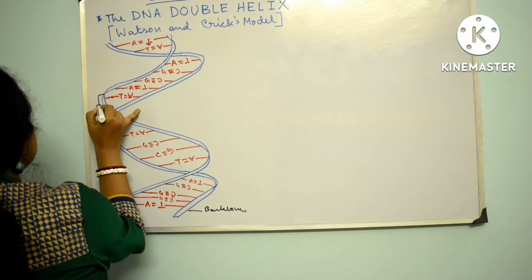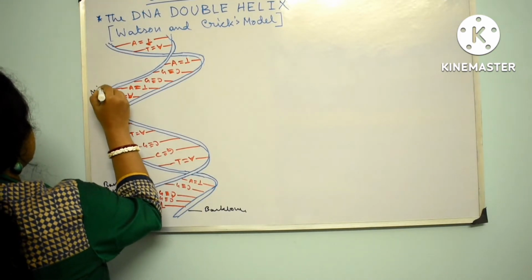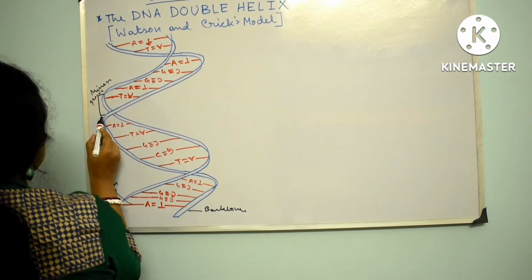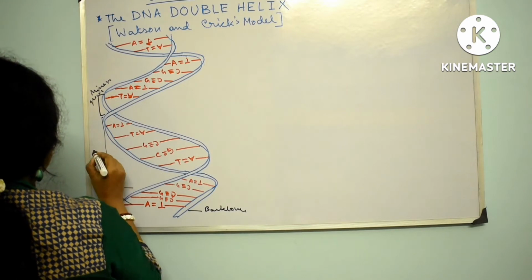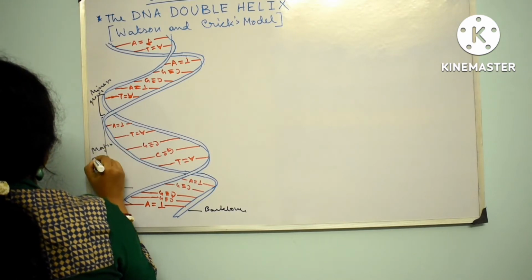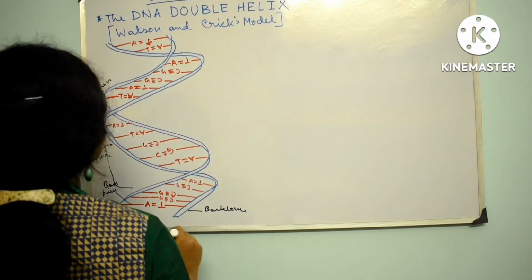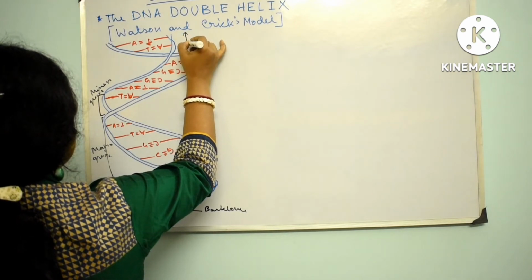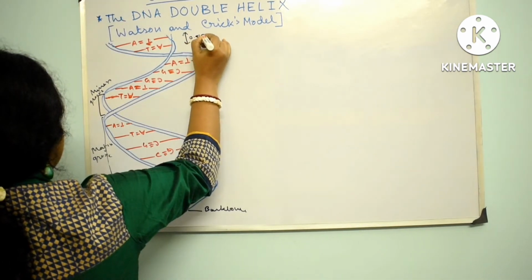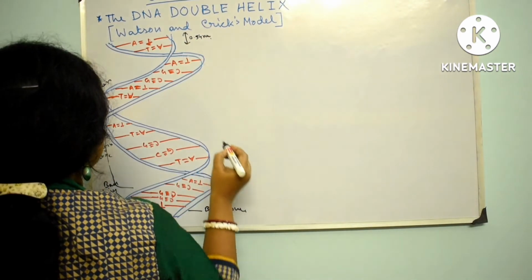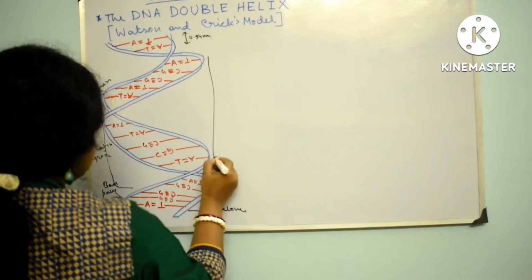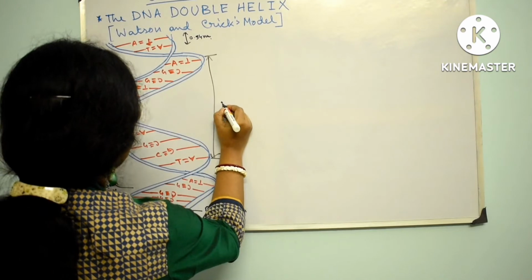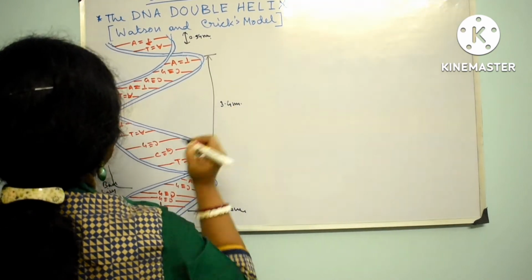This one is the minor groove. This one is known as the major groove. And here, 0.34 nanometer, and from here to here, 3.4 nanometer.